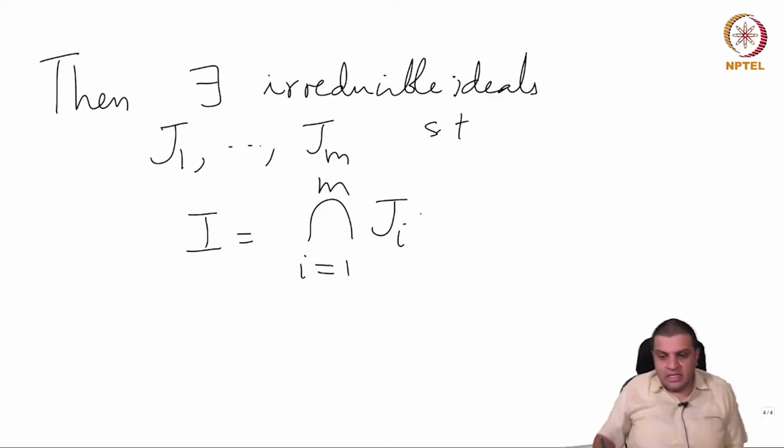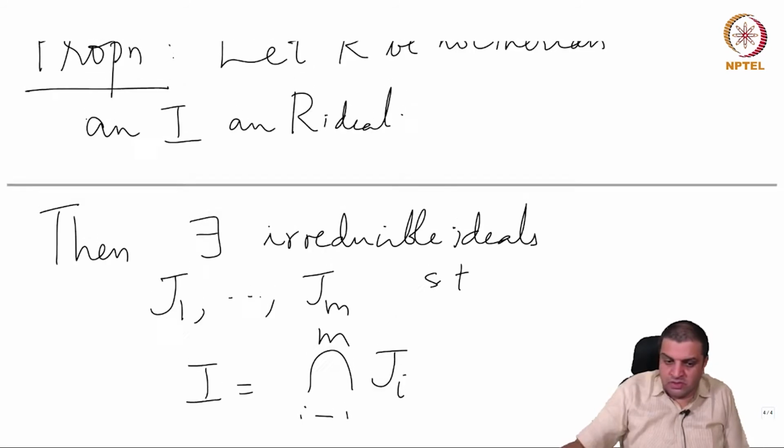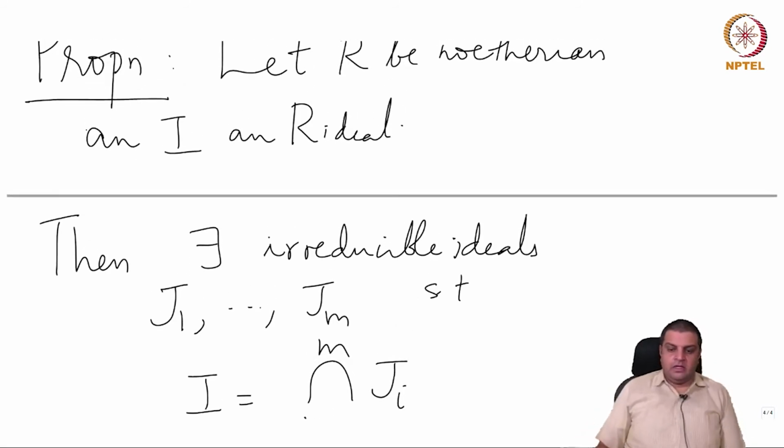So any ideal can be written as a finite intersection of irreducible ideals in a Noetherian ring. We will use this as a starting point and try to get more understanding of this decomposition. This will take us a few lectures, and it's going to be more abstract than what we have discussed so far, but eventually after a while we'll come back to computational aspects of this question.